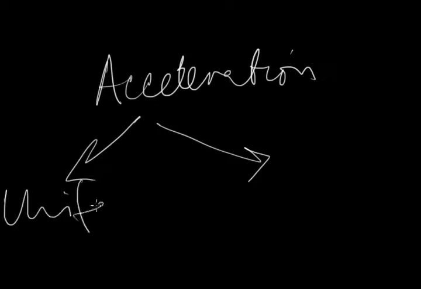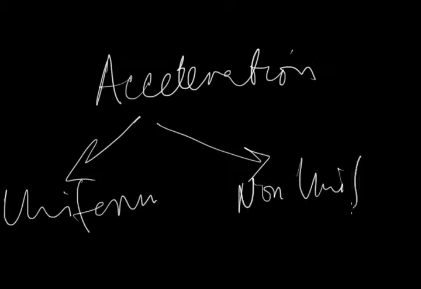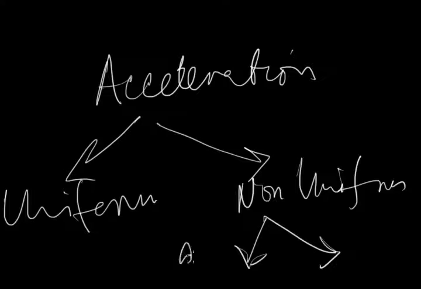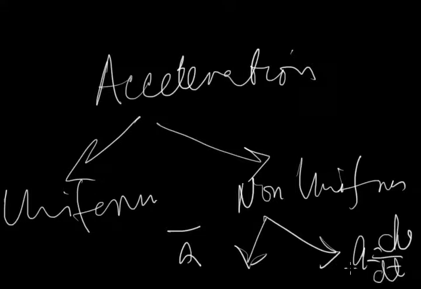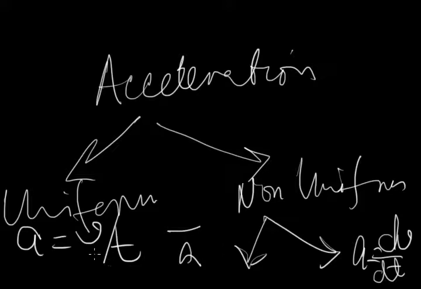The non-uniform is again measured by two parameters, which we call the average acceleration, and the instantaneous, where a is equal to dv by dt. And the uniform, as you can know, is a equals v by t. So these are the various aspects of what we learn about the uniform and non-uniform.